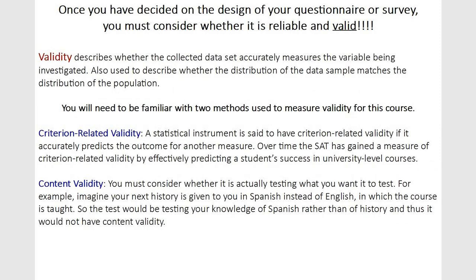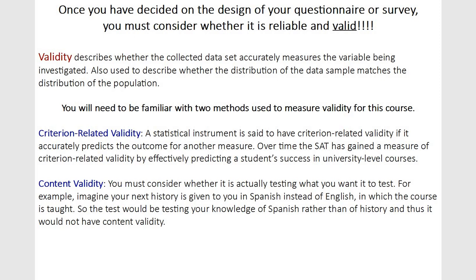Now let's talk about validity. This is to determine whether our distribution matches the population. So does our sample match the population? There are 2 ways to test it. Criterion-related validity: if it accurately predicts the outcome for another measure.